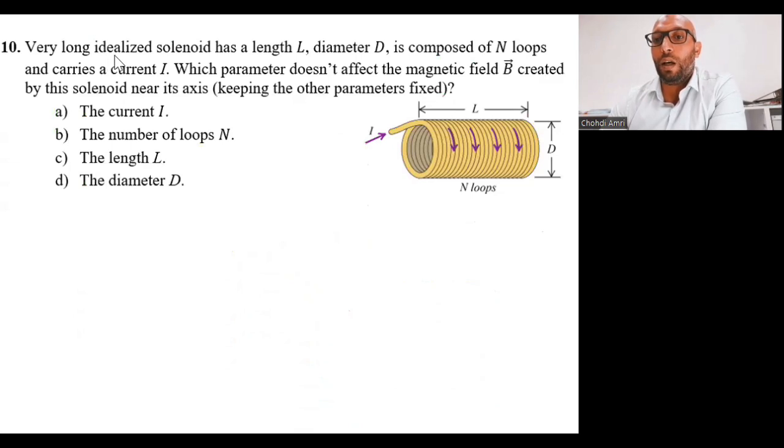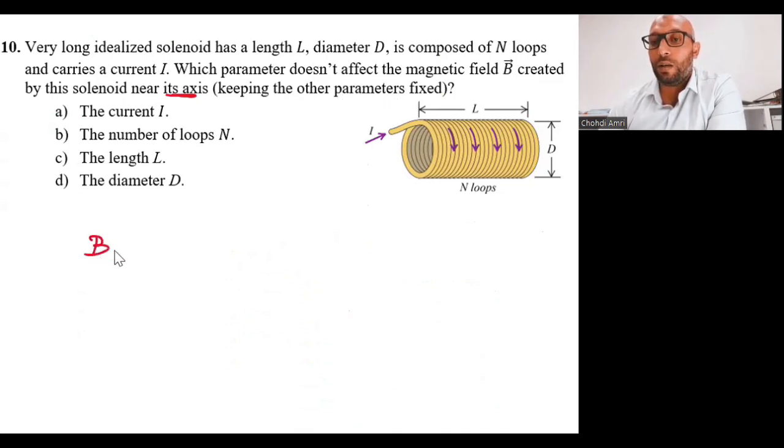A very long idealized solenoid has a length L and a diameter D, is composed of N loops, and carries a current I. Which parameter doesn't affect the magnetic field B created by the solenoid near its axis, keeping the other parameters fixed?